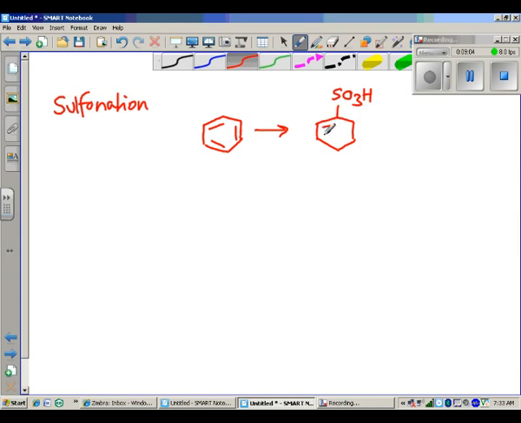What that means is that the electrophile must be something like SO3H plus, because that's going to be a strong electrophile. So the two reagents here are sulfur trioxide, which is where the SO3H is going to come from, and then we have our catalyst, which is the same one as before, sulfuric acid.